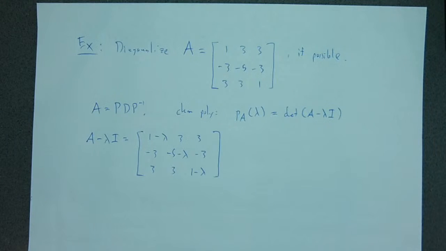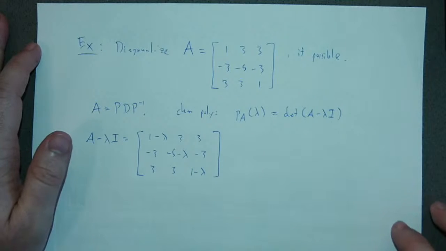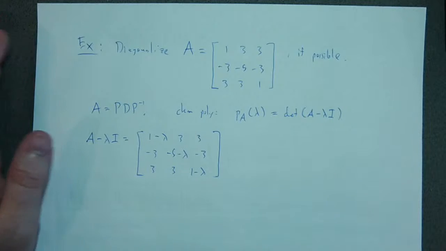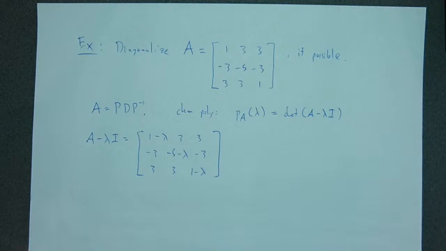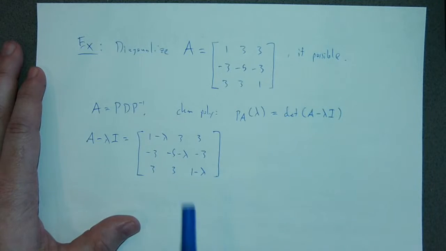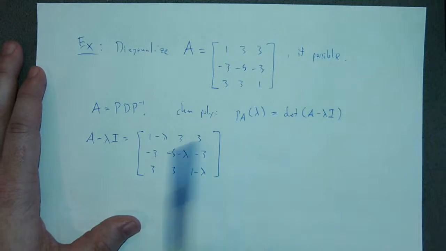Okay. If I'm computing the determinant of this thing, there's multiple ways that I could go about this. Suppose that I've done this already, just to save myself some time.